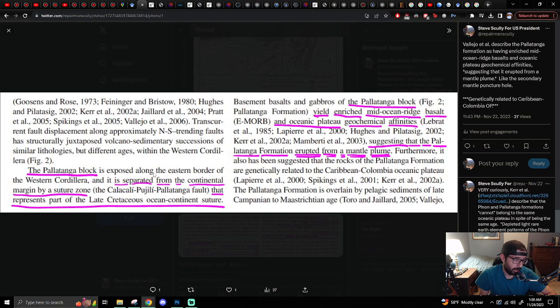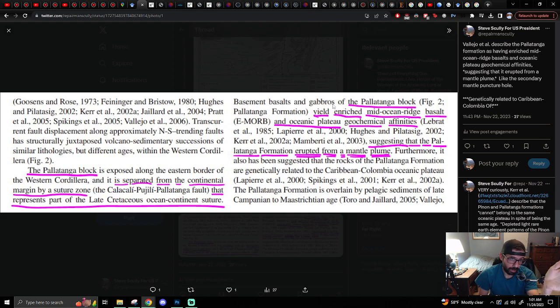The Pallatanga block is exposed along the eastern border of the Western Cordillera, and it is separated from the continental margin by a suture zone, this one, that represents part of the late Cretaceous ocean-continent suture. Late Cretaceous, where there's an accretion of terranes in the late Cretaceous, leaving a suture zone, a region of two separate materials being sutured together.